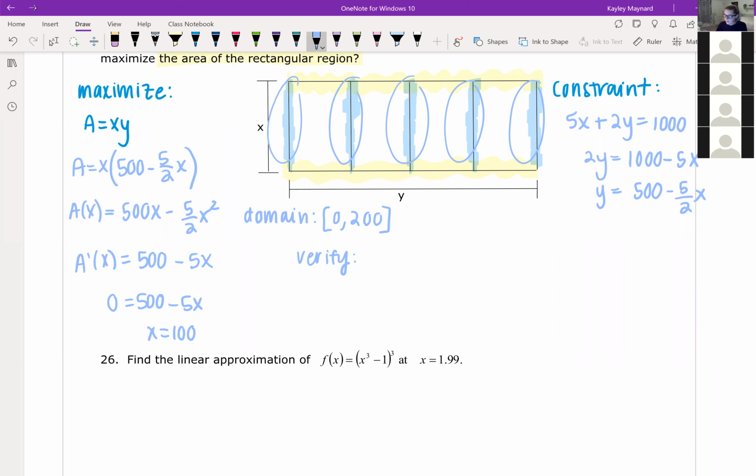We plug in the critical point and the endpoints and make sure that the maximum output is at x equals 100. So let's do A of 0. A of 0 is just 0. And then A of 200. A of 200 is equal to 0 as well, I believe.